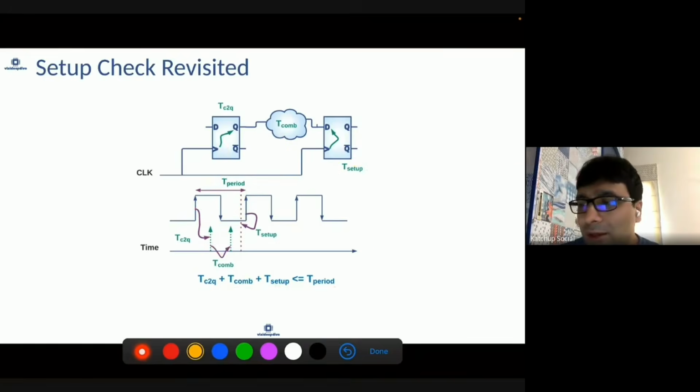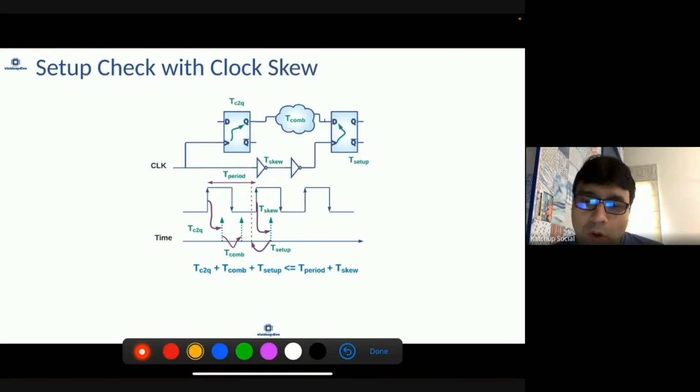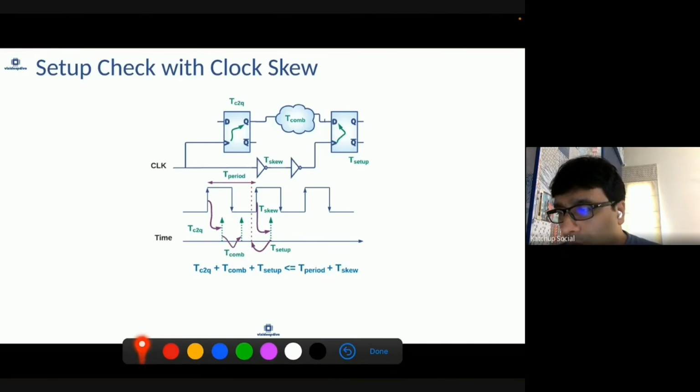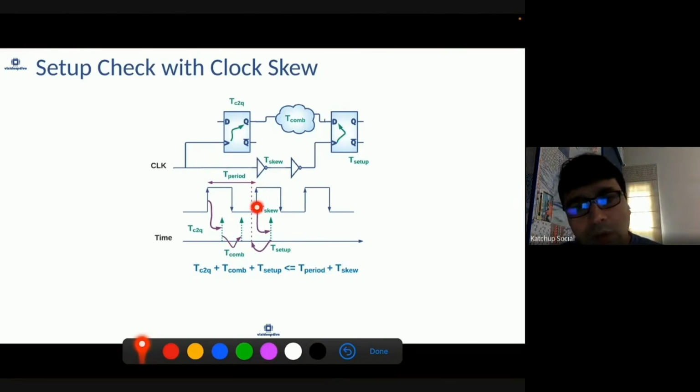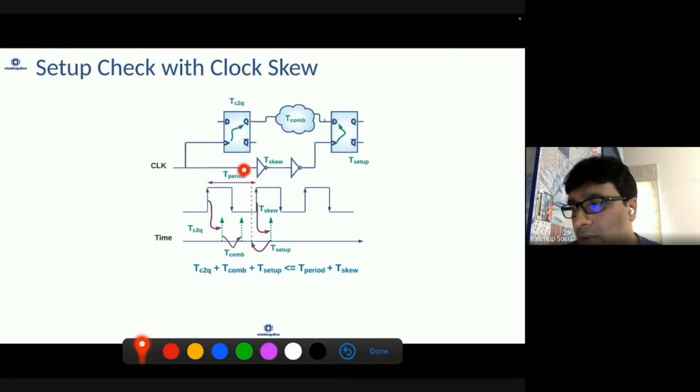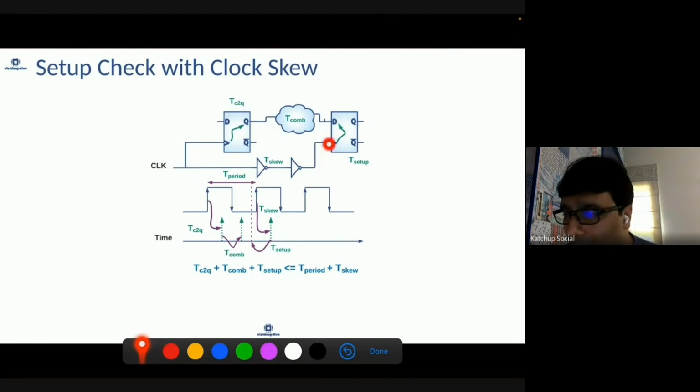Now let's understand the clock network effect, which we had seen. What happens when there is clock skew? Your clock edge was coming here, but because of the delay, let's say this path has no delay and this path has an additional T skew delay.